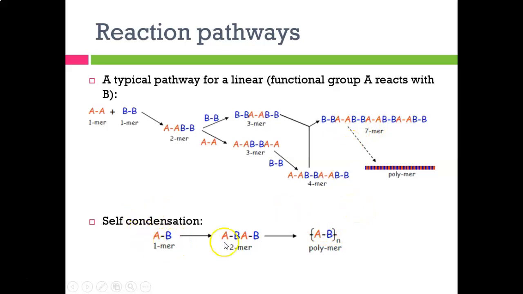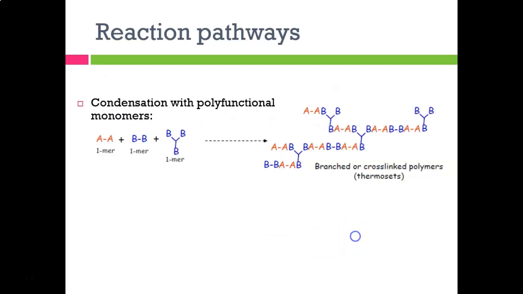For self-condensation, okay, they have a tendency to produce more simple, more linear polymer. So condensation with polyfunctional monomer is more complex, producing a branch and cross-link polymer, which is thermoset.